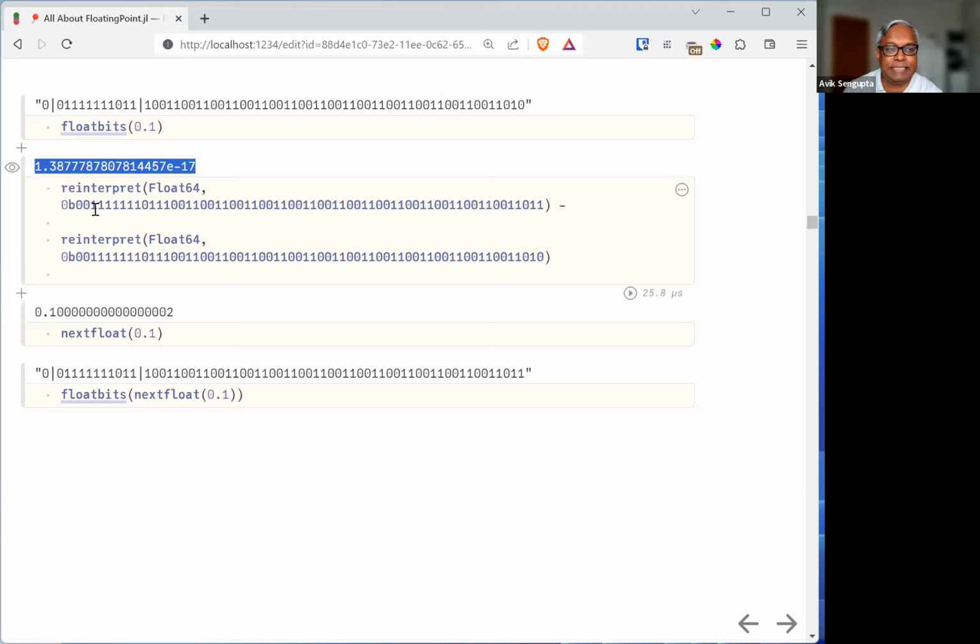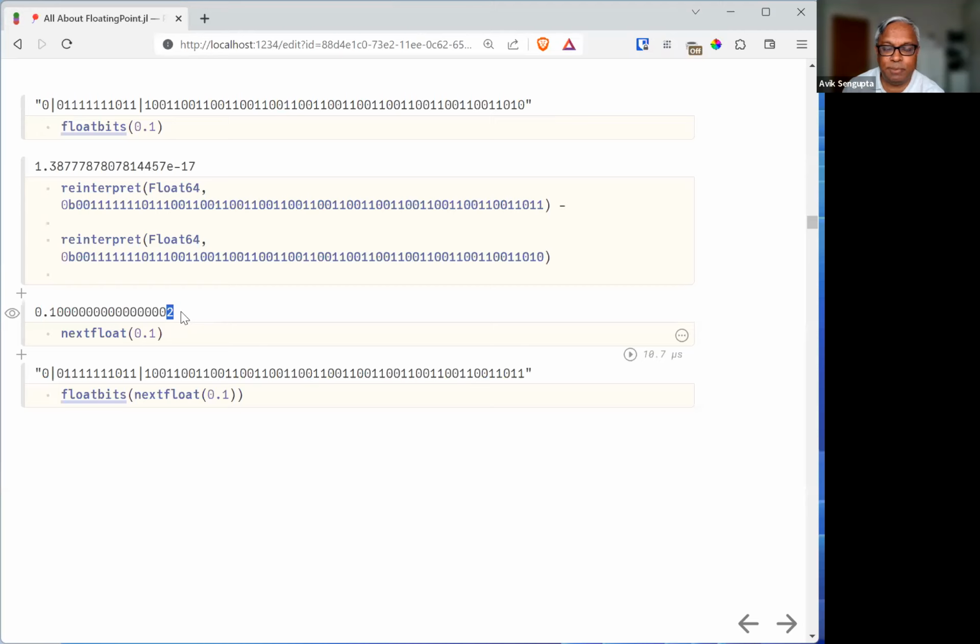So that's the definition of EPS, and this cell here shows you how the EPS function essentially computes. Another way of looking at this is there's a function called next float. You can say next float of 0.1 is basically this number, 0.1, many zeros and 2. If there was 1 in this place, we saw that we couldn't represent it separately from 0.1.